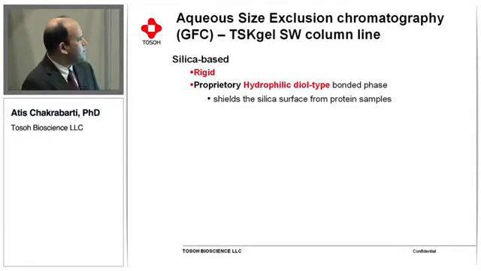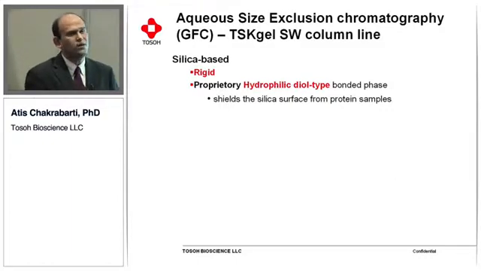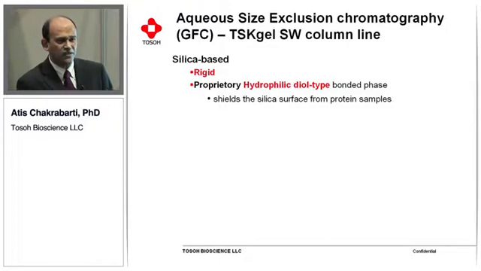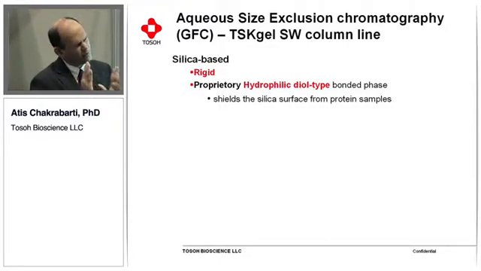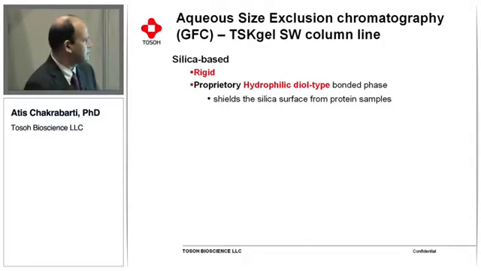So to prevent any kind of secondary interaction, the column is protected by a proprietary diol coating that shields the protein surface from coming into contact with the column surface, preventing any interaction.